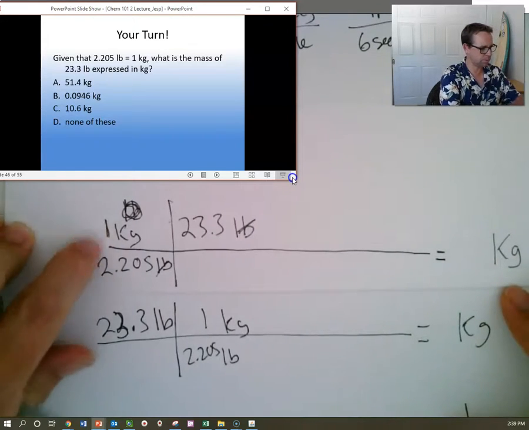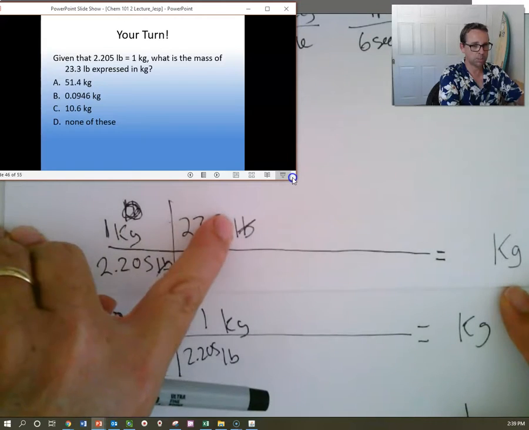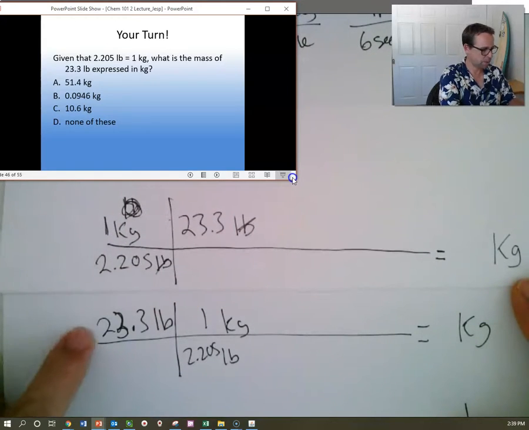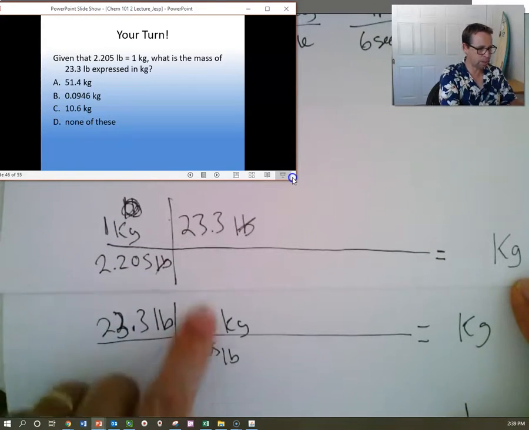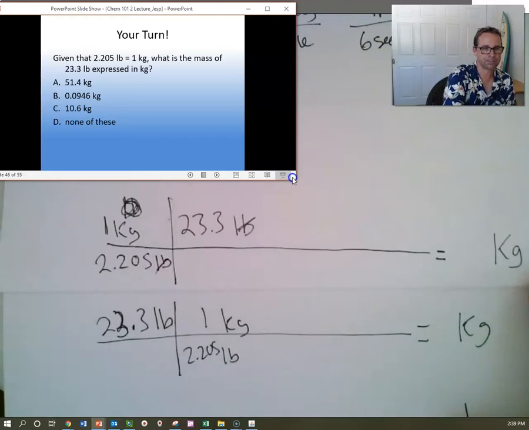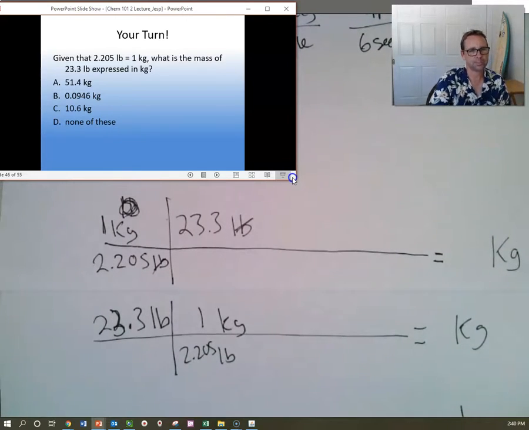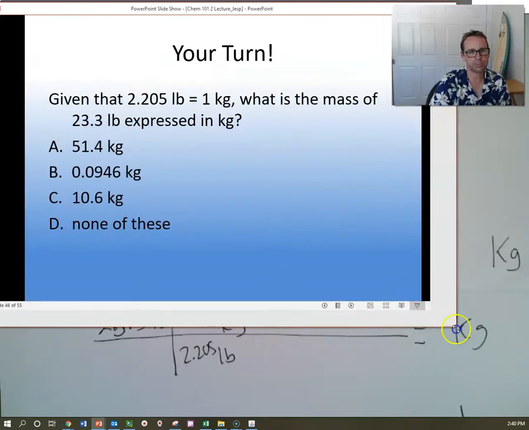Here we started with the conversion factor first and multiplied by pounds. And here we started with pounds and multiplied or divided by the conversion factor. Great examples.